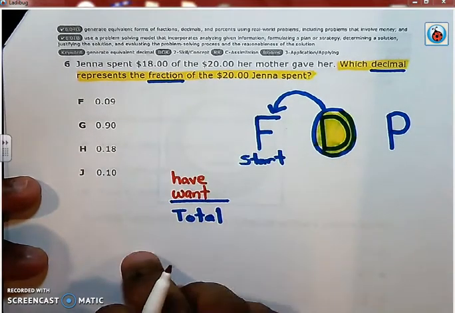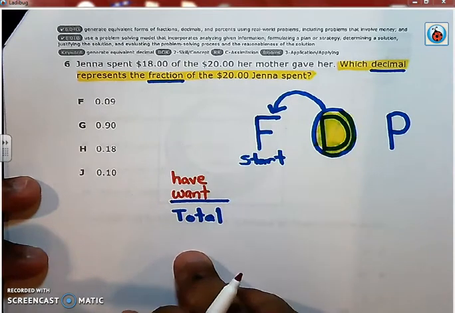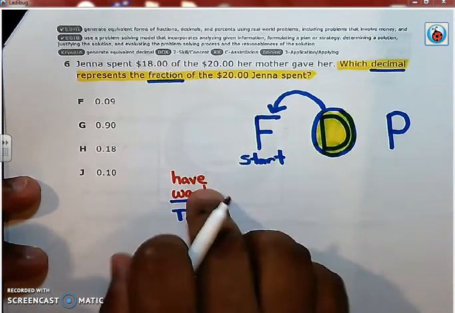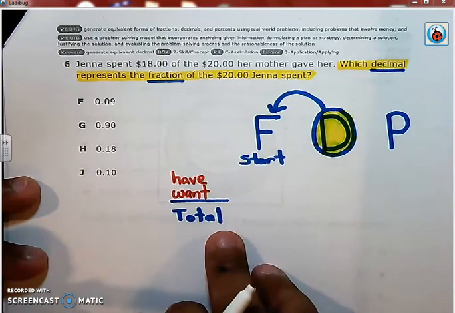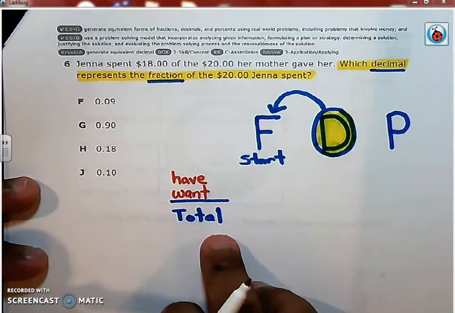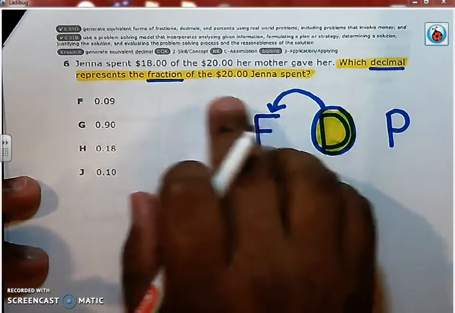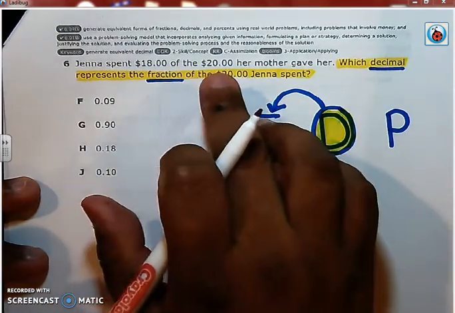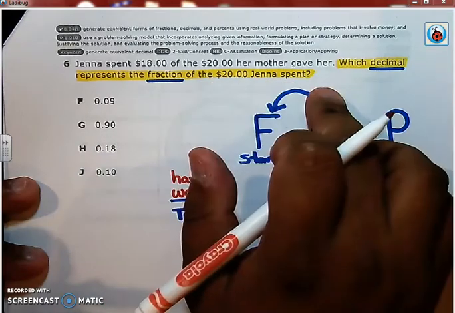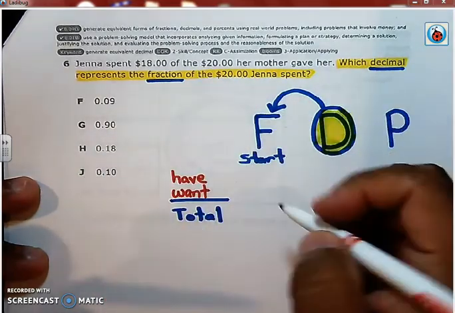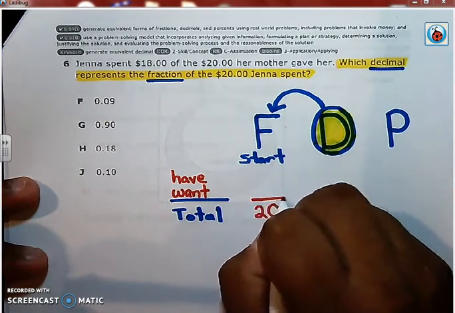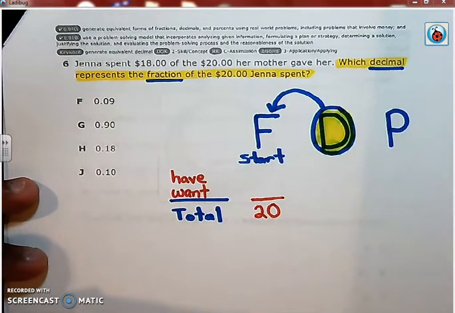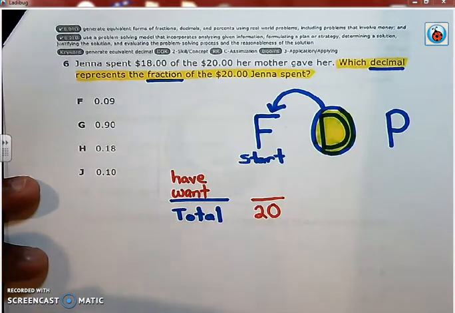So let's see if we can create a fraction based off what we know a fraction is. Do I know the total amount of money that Jenna had? Yes. Jenna spent 18 of the $20 her mother gave her. So her total was 20. What does this problem want?